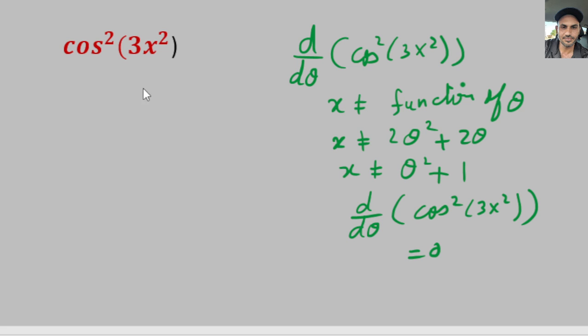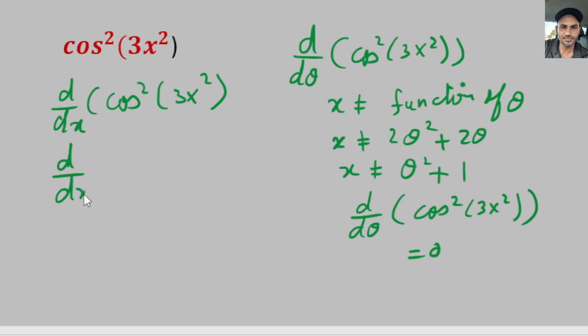What about if we want to take the derivative of this function with respect to x? Now that's where we're going to apply the chain rule and so on. Let me write this down as d over dx of cosine of 3x squared, whole thing squared.